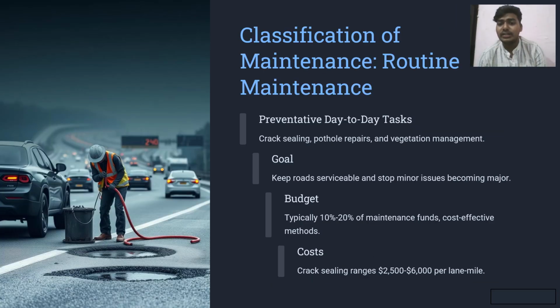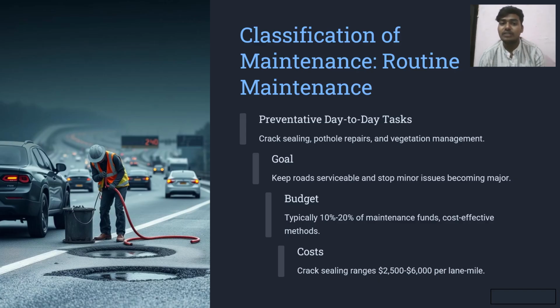Classification of maintenance. Routine maintenance. Routine maintenance means day-to-day tasks, that is crack sealing, pothole repair, and vegetation management. So during routine maintenance, from the time of construction of the road, there should be a daily routine of checking the roads, how the roads are.